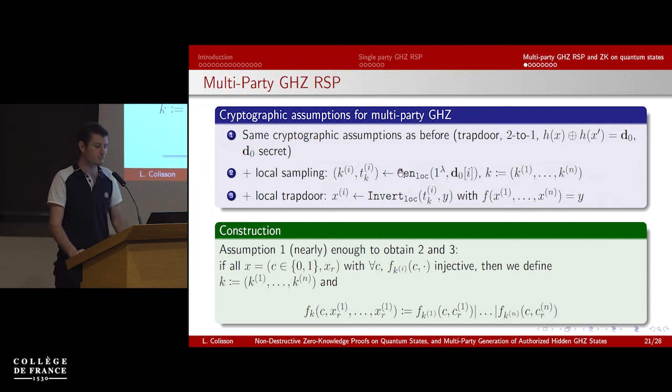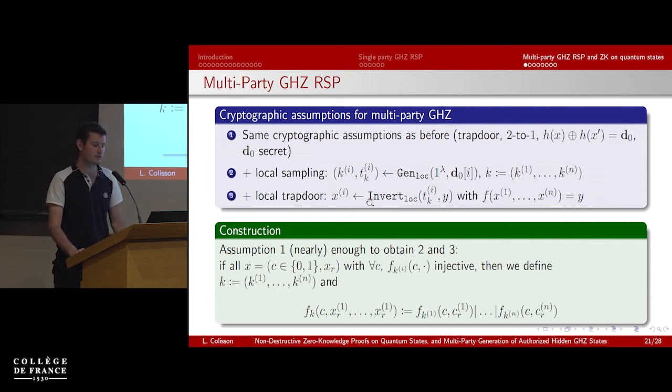So now we have n parties, or here it would be n generation functions. Each party can generate locally some trapdoors and some public key. Using this trapdoor and this public key, you can compute as before the index k, which is just the concatenation of all the local public keys.